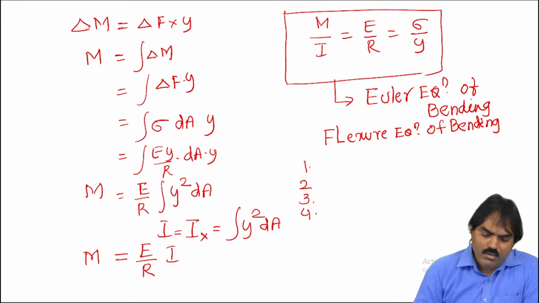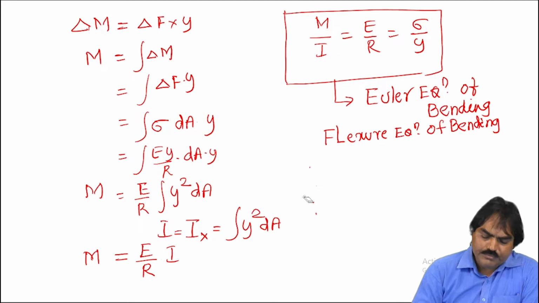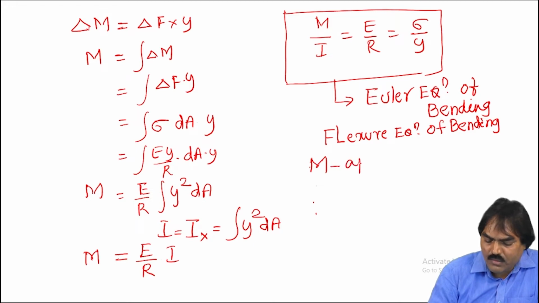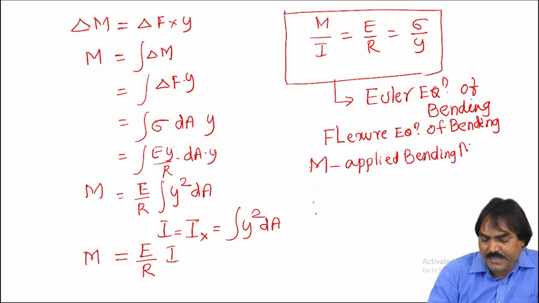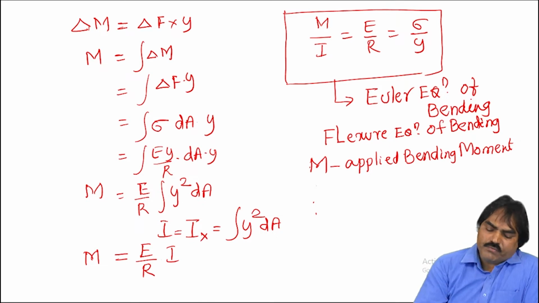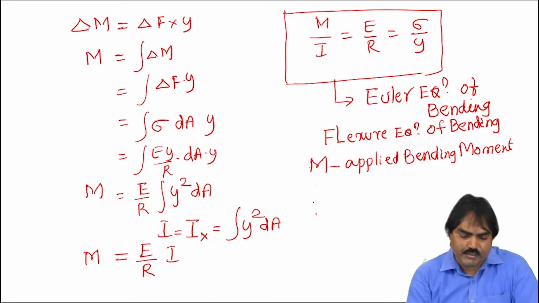Okay. Now, in this equation, M is the applied bending moment. So, if you apply transverse loads, because of the transverse load we'll have a bending moment, where the load into perpendicular distance gives moment.